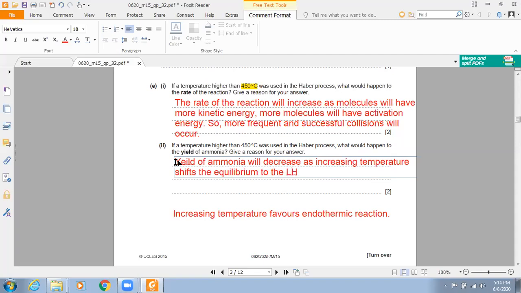We can write in short, left hand side, because the backward reaction is endothermic. Is that clear? Please respond.